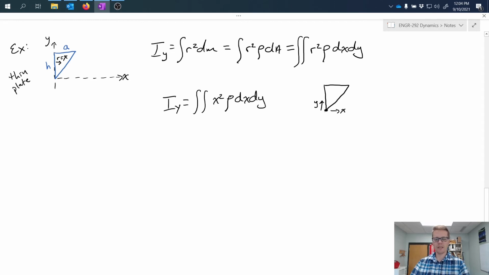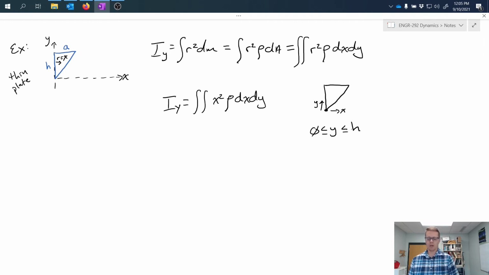First we can see that our triangular shape in the y direction is going to be ranging from 0 up to my height, which is h.